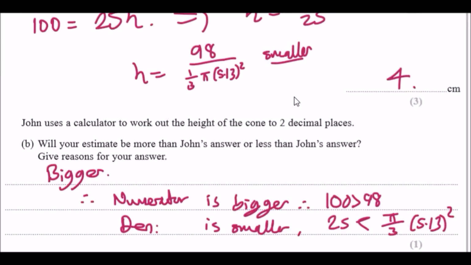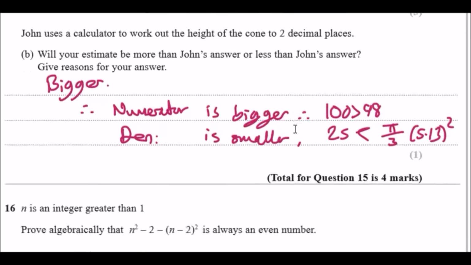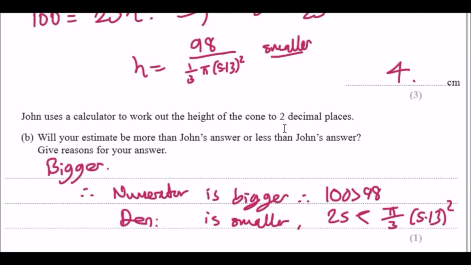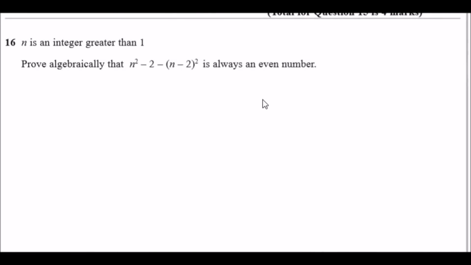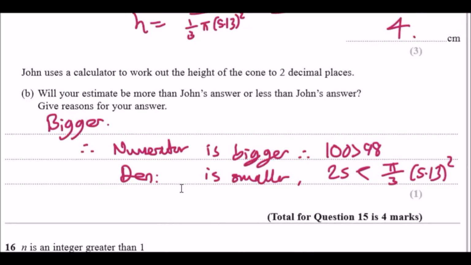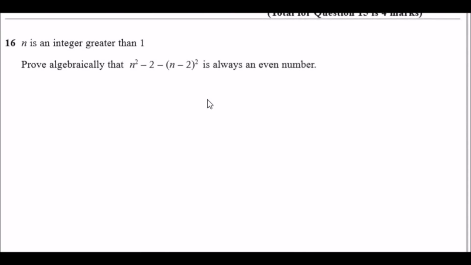So there's a lower gap. The gap is smaller for the true answer, but the estimate is a bigger gap. That's it really. And you can use this for any fraction question, by the way, guys, so keep note of that.